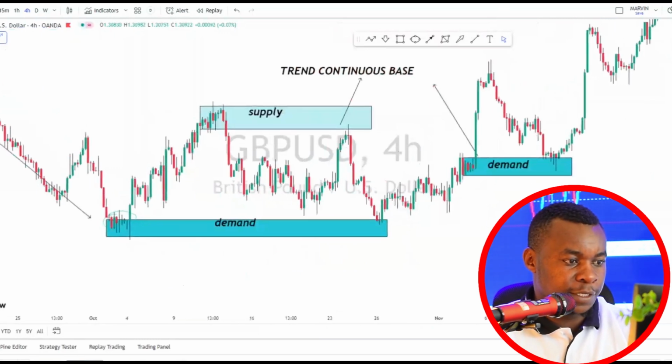And on the other side, you have a reversal based, or trend reversal based kind of supply and demand.